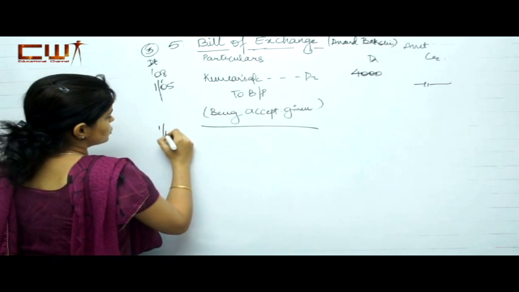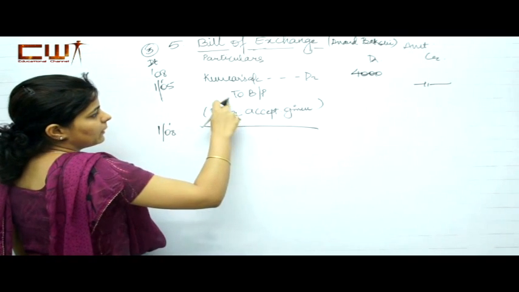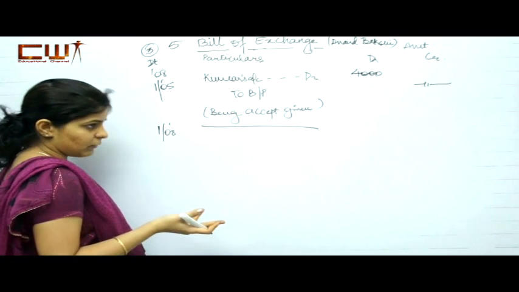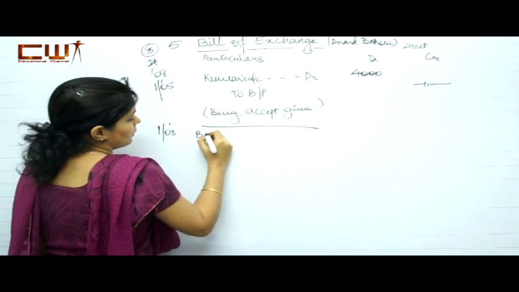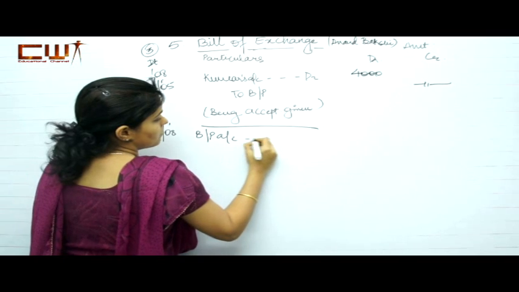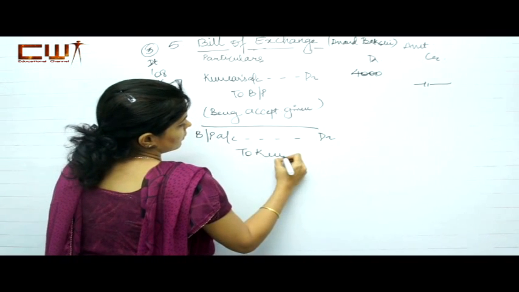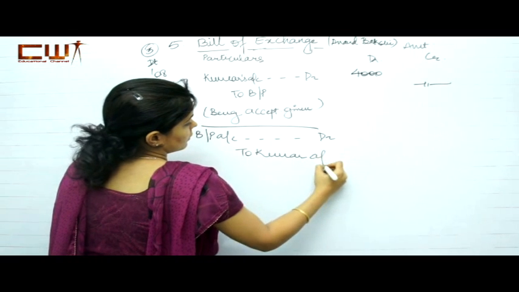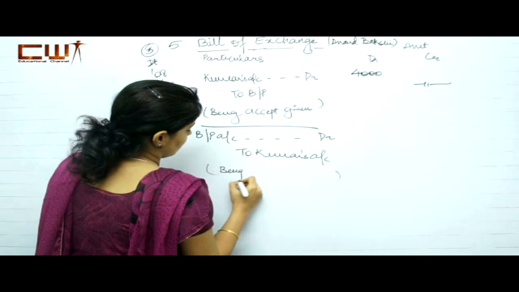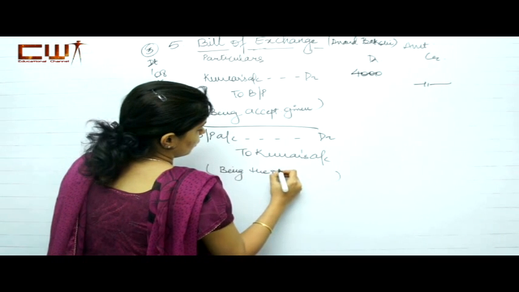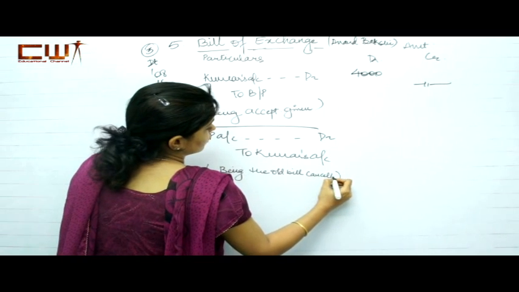Cancel means you will reverse the entry of Kumar to bills payable. So bills account debit to Kumar's account. Right? So you will write being the old bill cancelled.